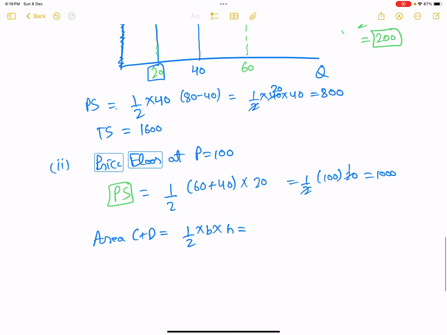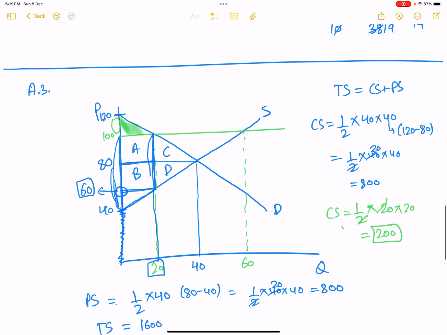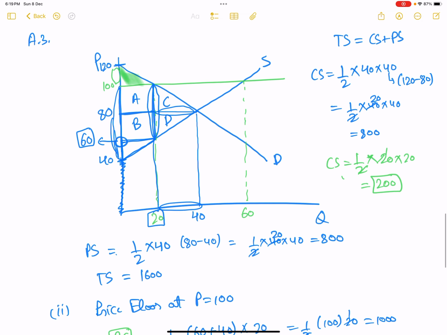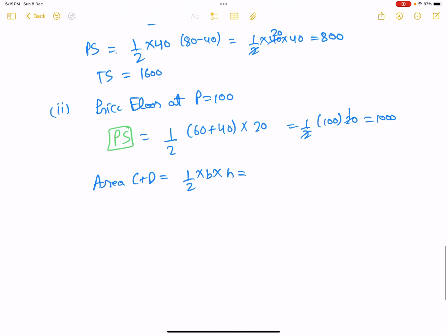The base is 40, the height is 20. So half into 40 into 20, and the deadweight loss would be 400. Thank you.